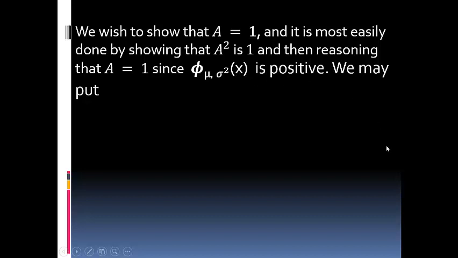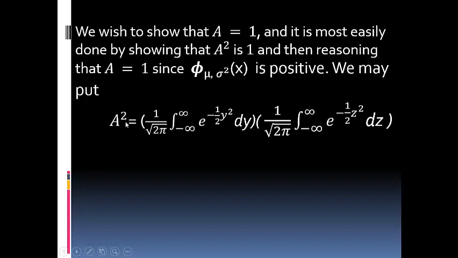We may put A squared equal to 1 over the square root of 2 pi times the integral of e to the power of negative 1/2 y squared dy evaluated from negative infinity to positive infinity, times 1 over the square root of 2 pi times the integral of e to the power of negative 1/2 z squared dz evaluated from negative infinity to positive infinity.